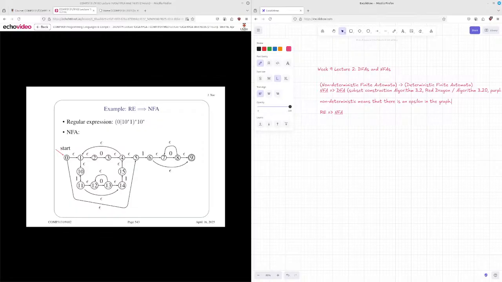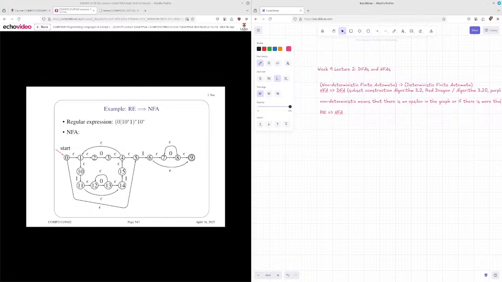That's not deterministic. Of course, a finite state machine is not deterministic when you have more than one transition from the same state on the same input symbol. For example, here we don't have that. From 5, if the next input is 1, we can go from 5 to 6.